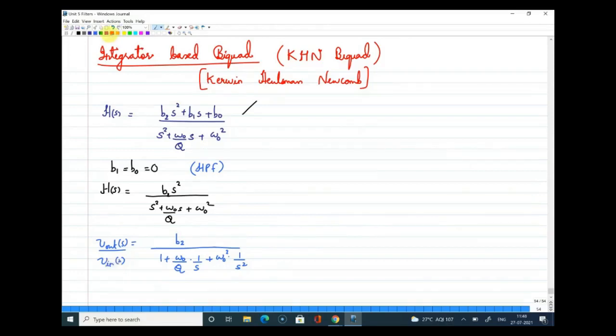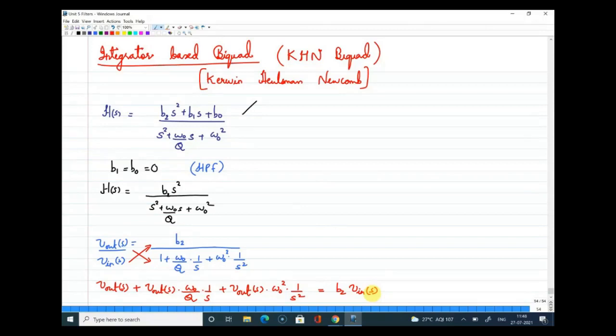I'll just cross multiply this and write the expression as V out of s plus V out of s into omega naught by Q into 1 by s plus V out of s into omega naught square into 1 by s square equal to B2 into V in of s, right?